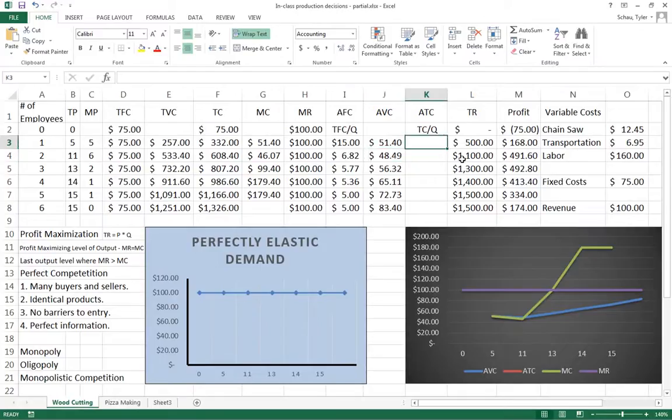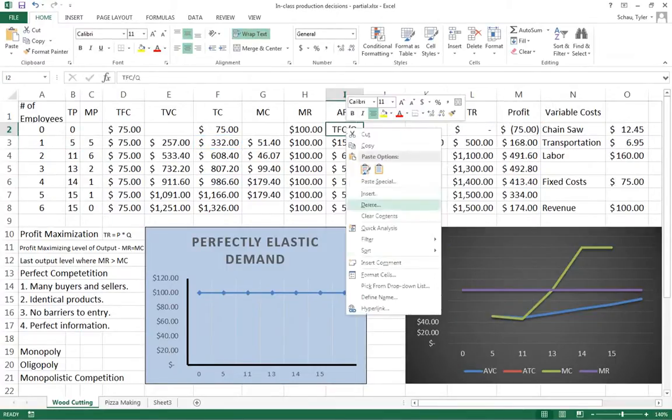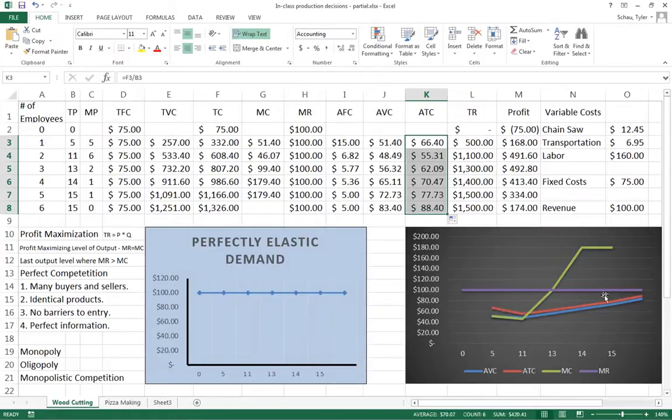And then average total cost, again, take the total cost and divide it by output or quantity. And again, I'm going to get rid of this just because it's messing my graph up. And again, I can autofill all this. A couple of the interesting things, and one of the reasons I wanted to show this graph here.